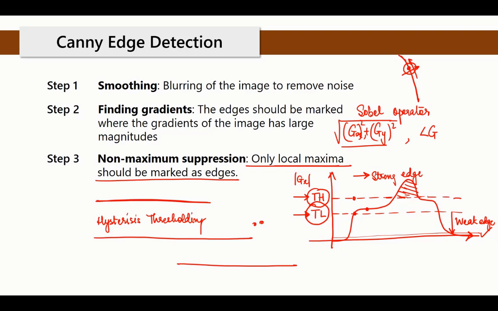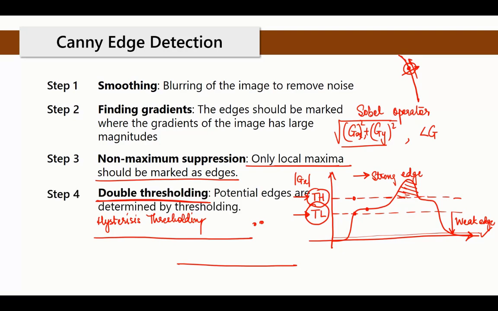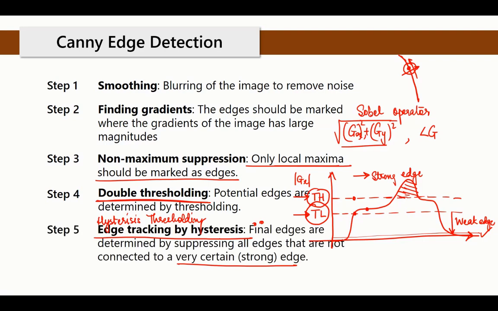It's trying to localize the location of the edge. And then it does double thresholding, followed by tracking. Retain strong edges, lose weak edges, but among the weak edges also you can take and keep those edges which are connected physically to a strong edge, because there's a large chance that they might be a part of the same object.